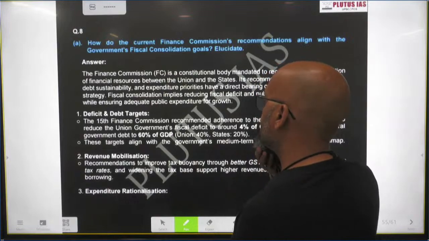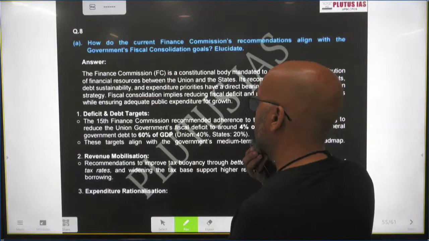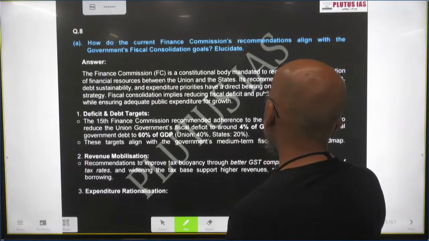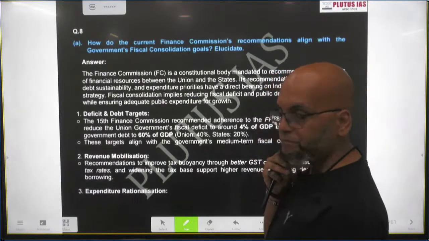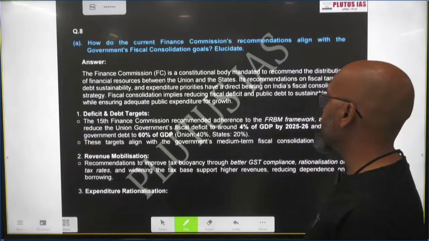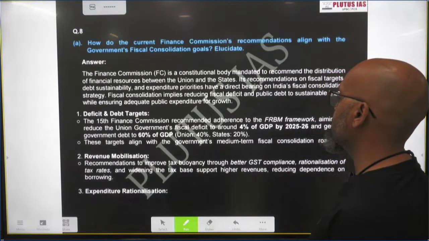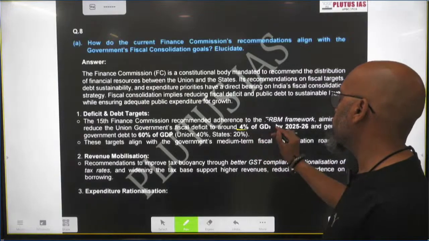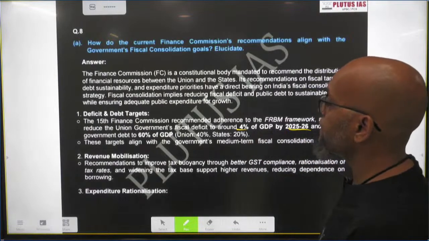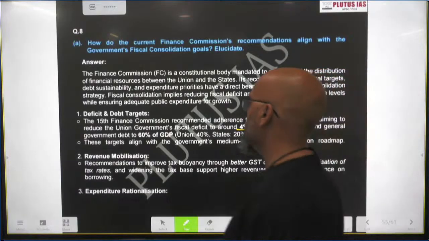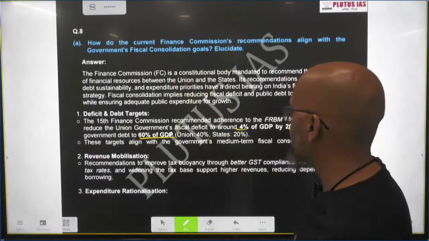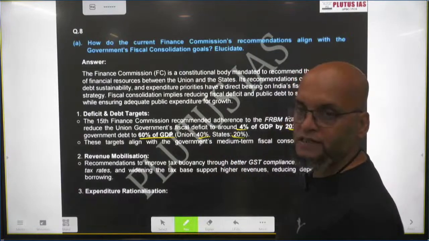Number one, deficit and debt target. The 15th Finance Commission recommended adherence to the FRBM framework, Fiscal Responsibility and Budget Management, aiming to reduce the union government's fiscal deficit to around 4% of the GDP by 2025-26 and general government debt to 60% of GDP, 40% of union, 20% of state.